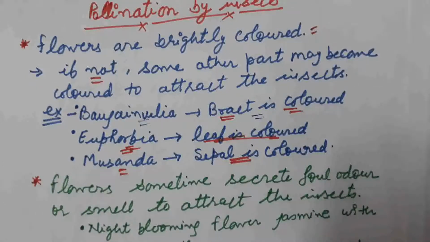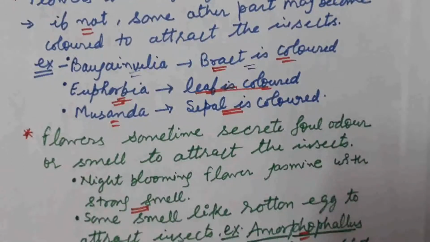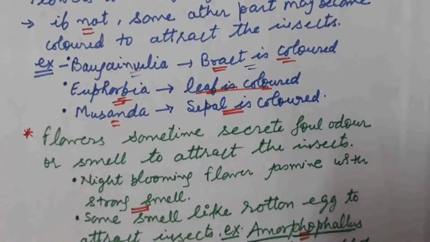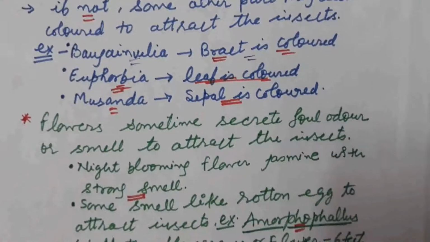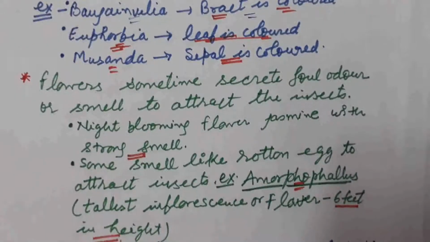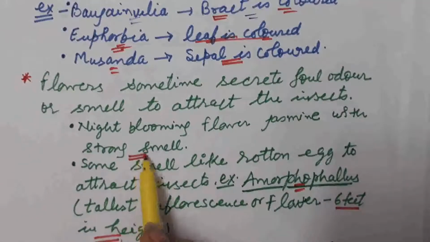The next characteristic feature which favors entomophily is that flowers in some cases secrete a foul odor or smell to attract the insect. As in the case of night blooming flowers, flowers are not colorful. Like jasmine, they secrete a strong smell to attract the insect.